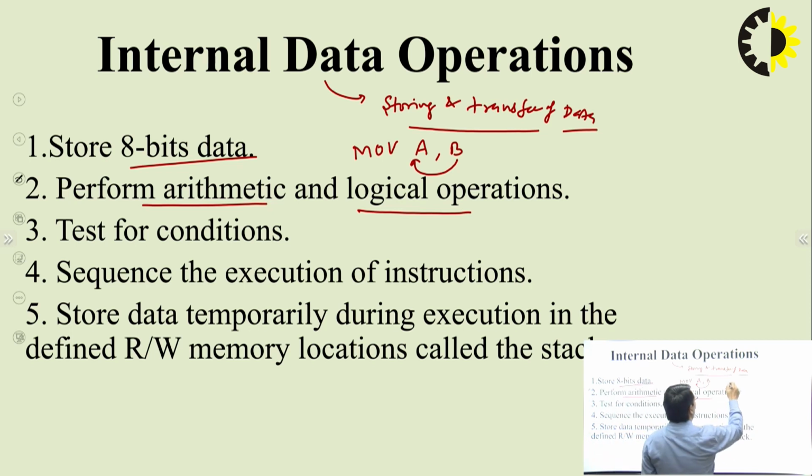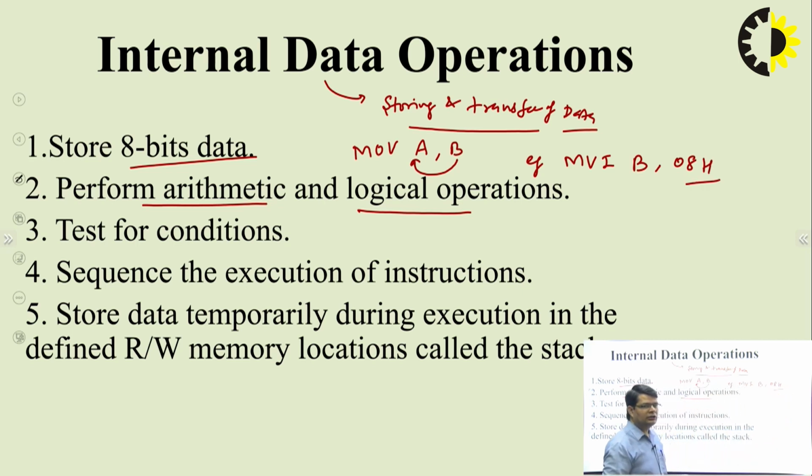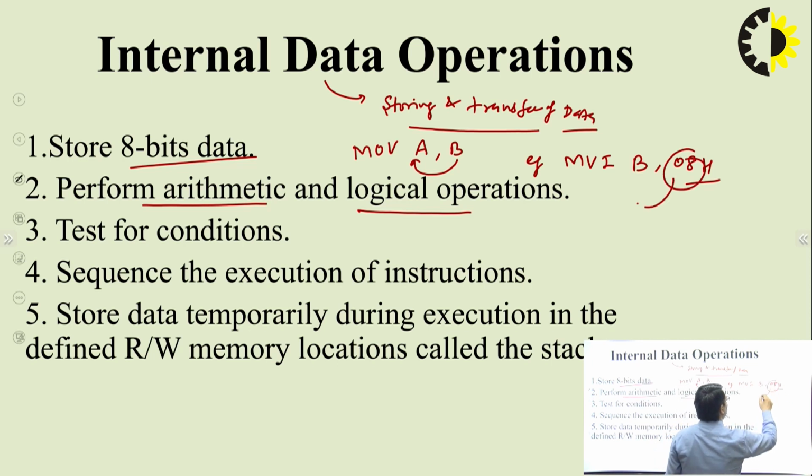Then for another example, let's say MVI, move immediate, B, 08H. The immediate data 08 is transferred into register B, or is stored in register B. So 8-bit data is stored in register B. These are the examples.